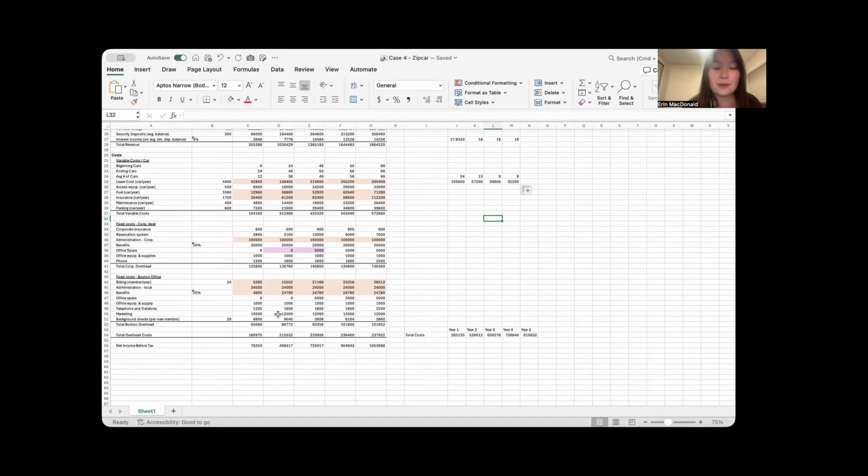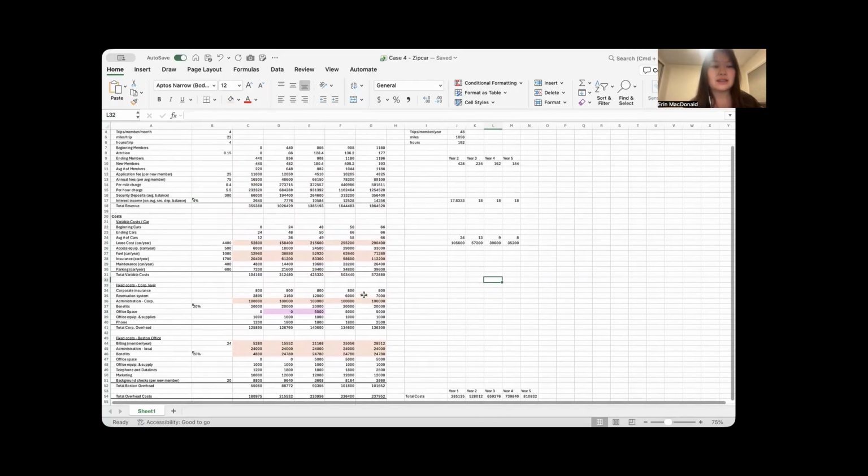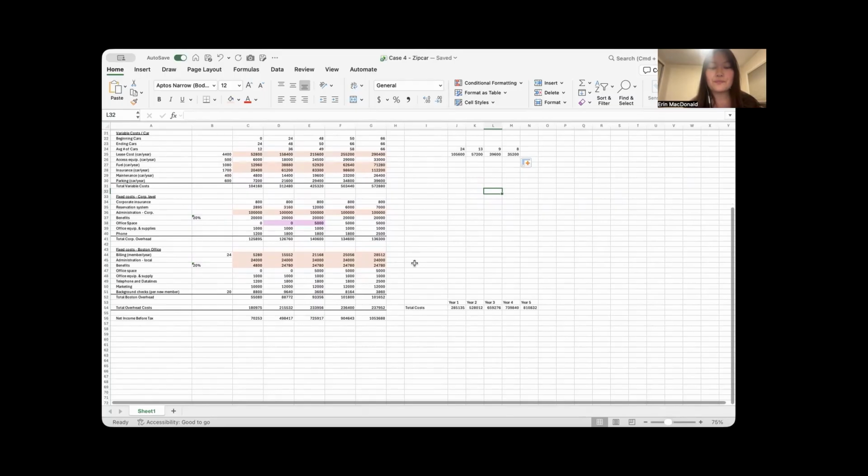These are predicted each year to be sort of the same, whereas the ones that are based off a member, similar to the new car variable, will change year to year, but not for the corporate level overhead. And down here, I've done the total costs between the variable and the overhead, and that would lead you to your net income before tax if you subtract that from the total revenue.